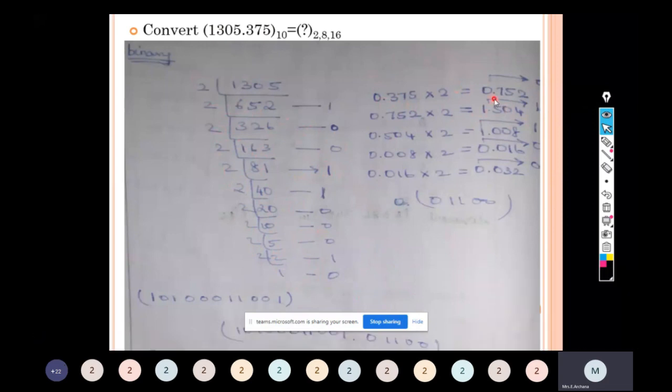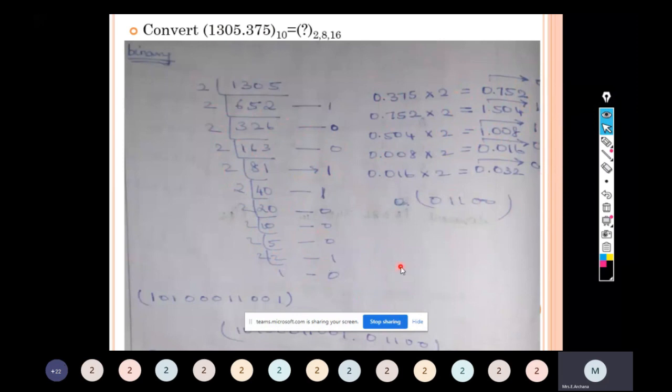So again, decimal part only we have to take, and 0.75 multiplied by 2, 1.5. Again it will be multiplied by 2 like this. Only the fractional part will be carried on for multiplication. The integer will be taken as a remainder. We have to write from top to bottom.